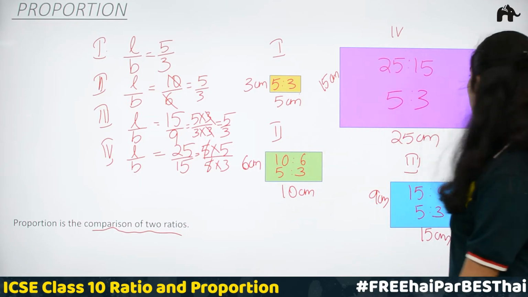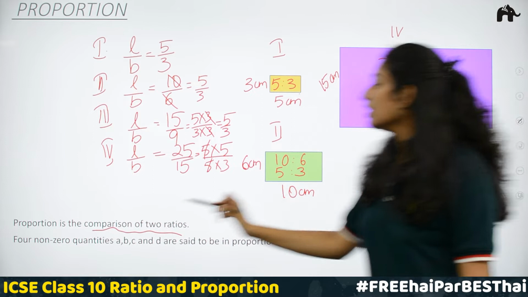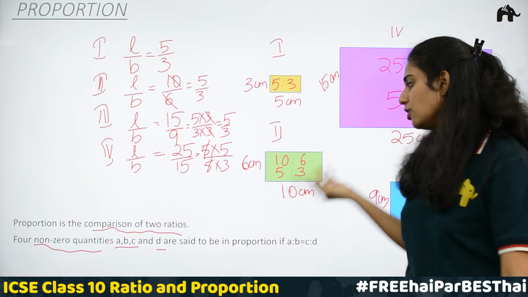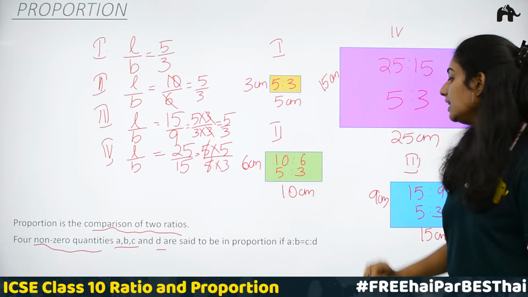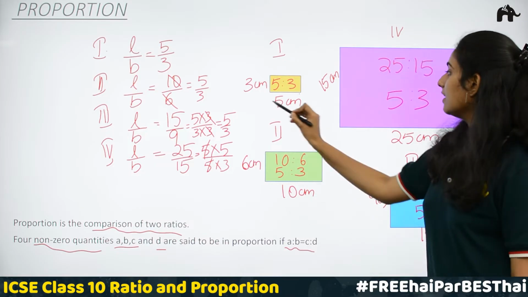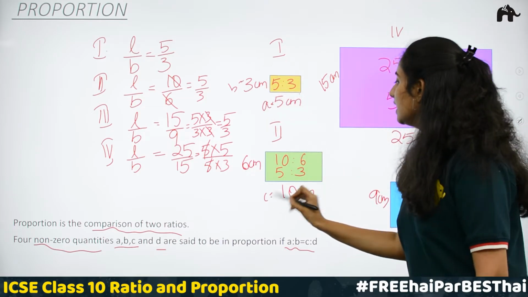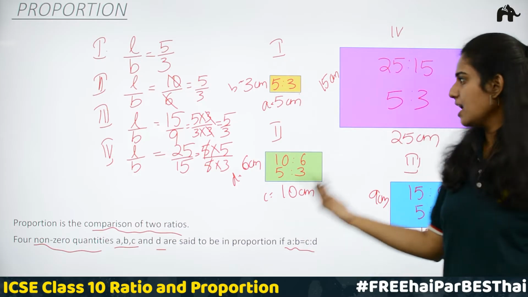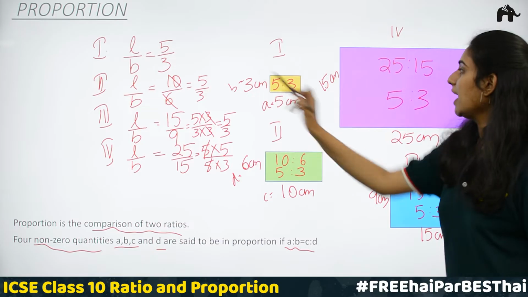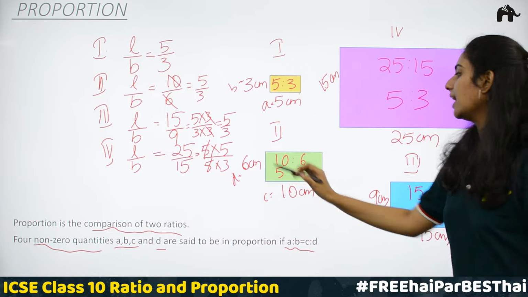Now, here we have some values. If we don't have any values, then for non-zero quantities A, B, C and D, the proportion can be expressed as A is to B is equal to C is to D. Here, this is A, this is B, this is C and this is D. For example, taking the first and second rectangles, A by B is 5 by 3 and C by D is 10 by 6, which is again 5 by 3.